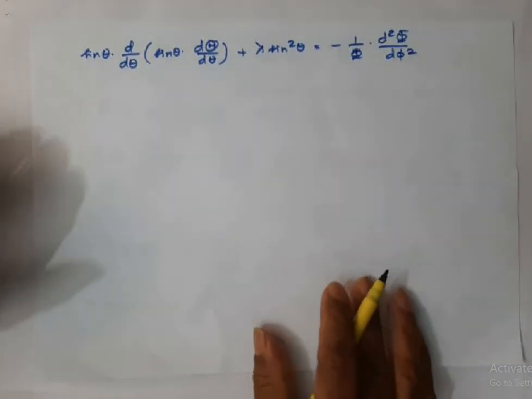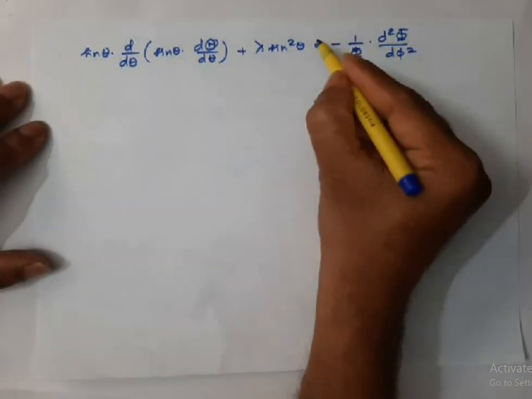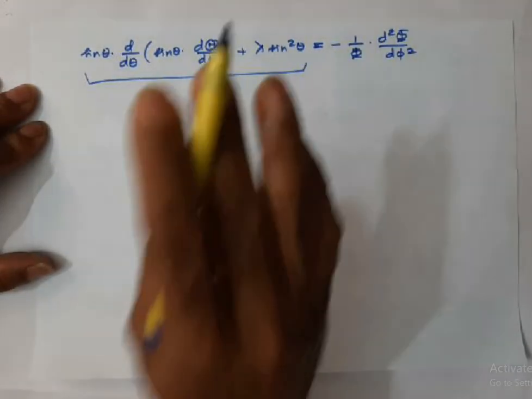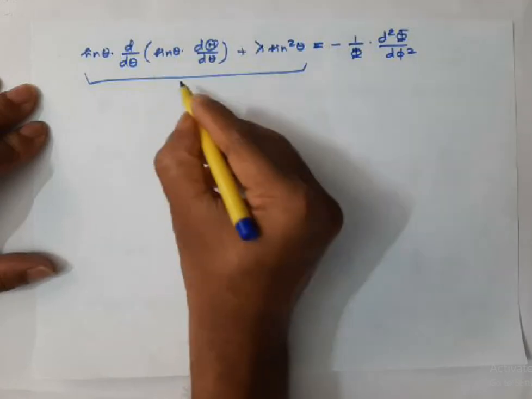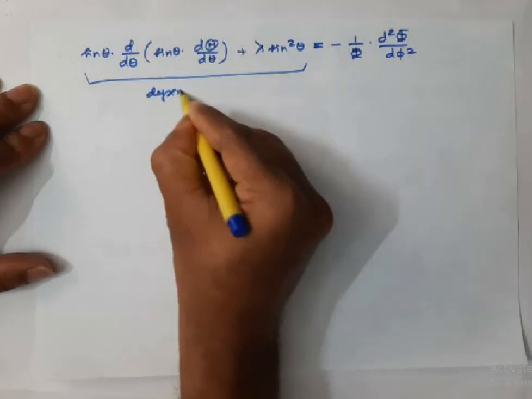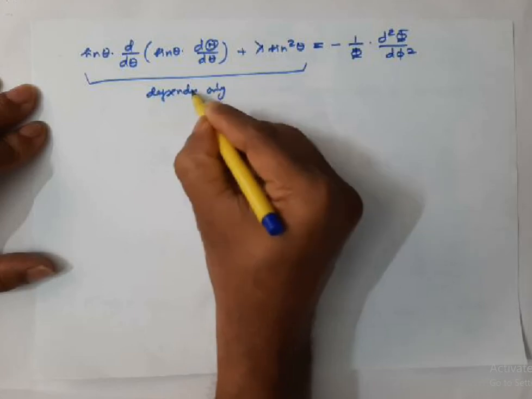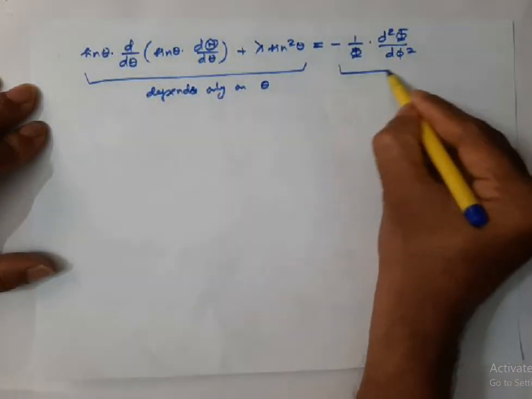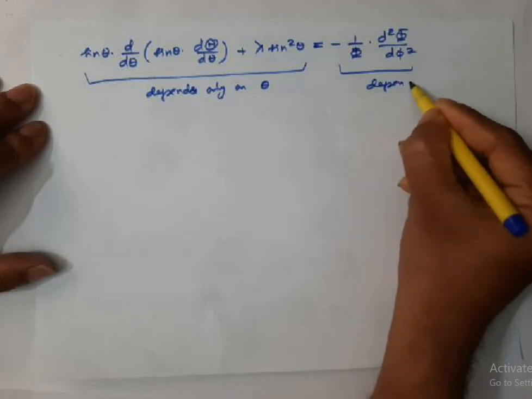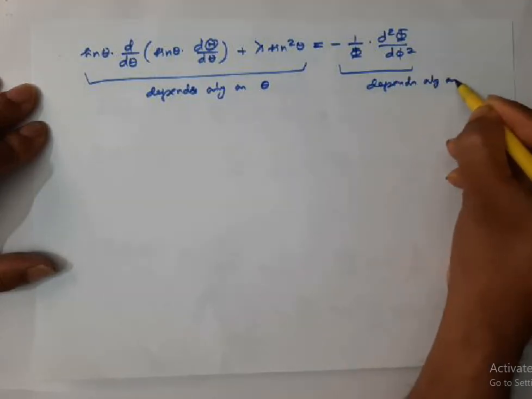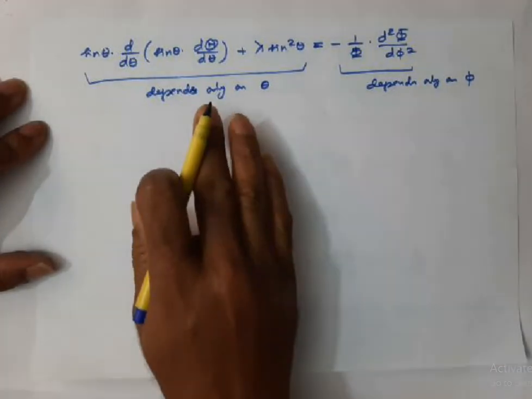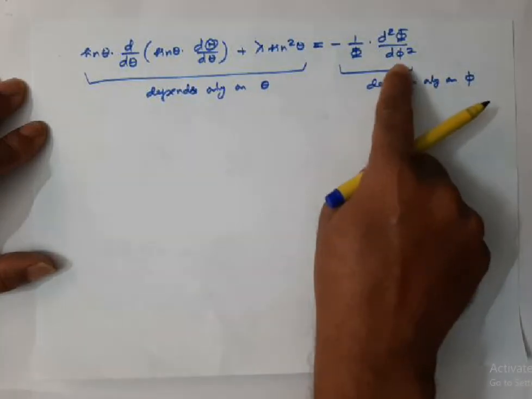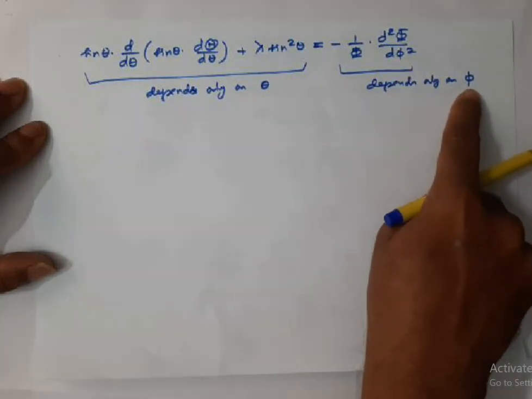See this equation. The left hand side consists of only the theta part; it depends only on theta. The right hand side depends only on phi. Left hand side depends on one coordinate theta, right hand side depends only on the coordinate phi.